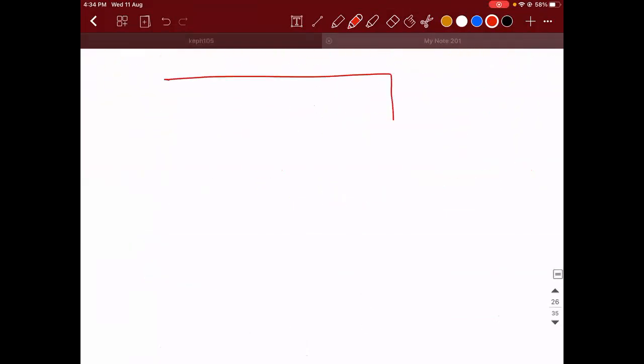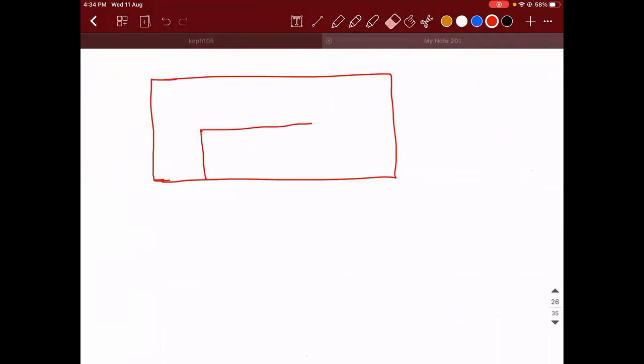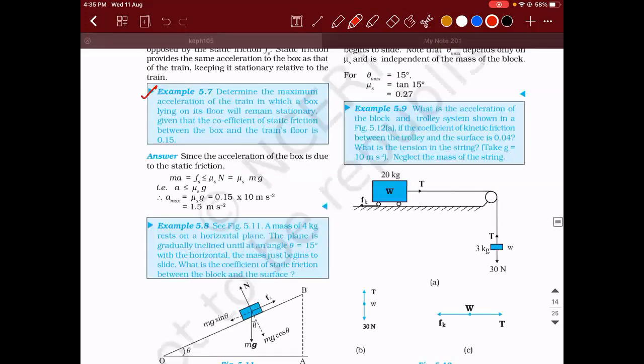So there is a train, and in one of the compartments there is a box lying like this. Okay, let's say it is a goods vehicle, and there is one box. Let's say it is of mass M, which is lying on its floor and will remain stationary.